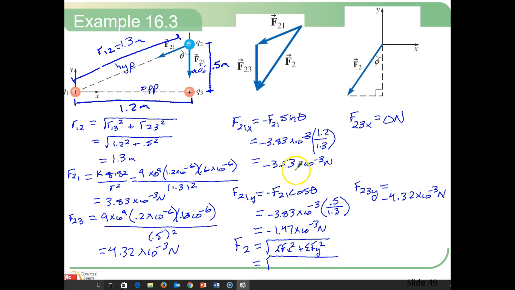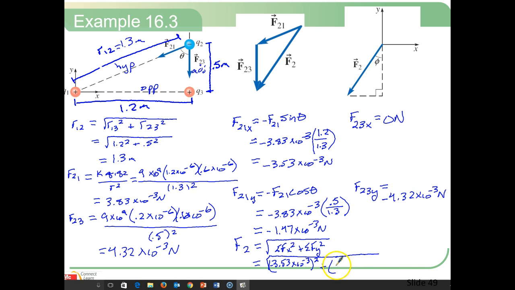So for the sum of the forces in the x, there's only one force, and that's 3.53 times 10 to the negative third, and it is negative. It won't matter in the end since we're squaring it, but we'll put it there. Plus, now we need to add this number and this number together.